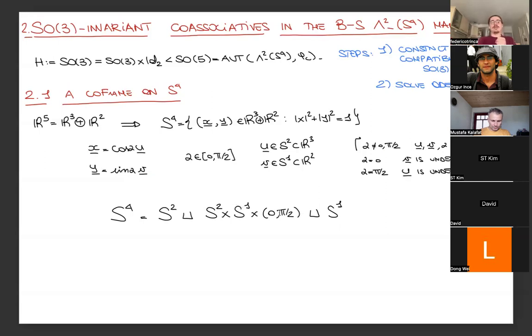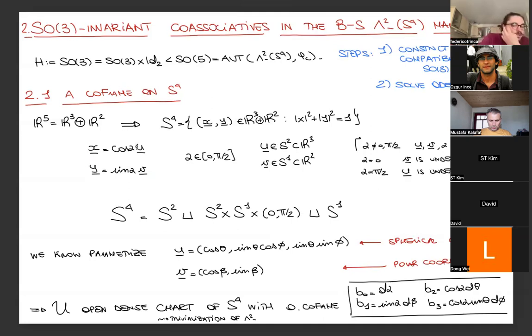And if I'm reaching 0 from the right, then my S1 circle is collapsing, and all I get is an S2. So this is a parameterization of S4, which is compatible with the SO3 action, because the SO3 action is only acting on u.